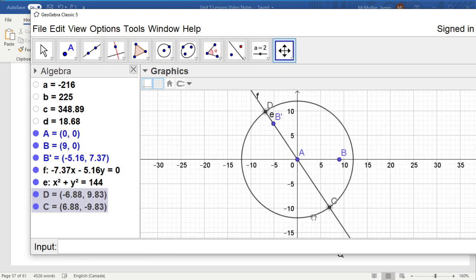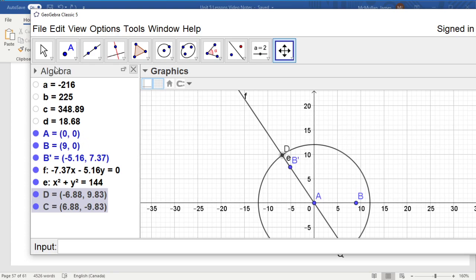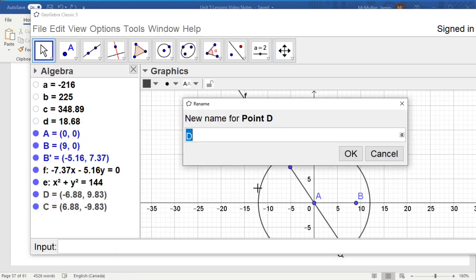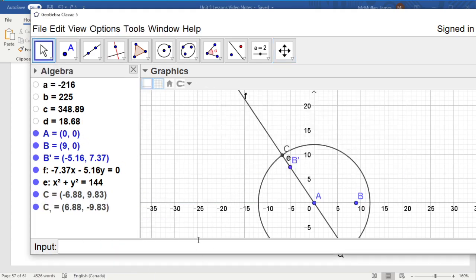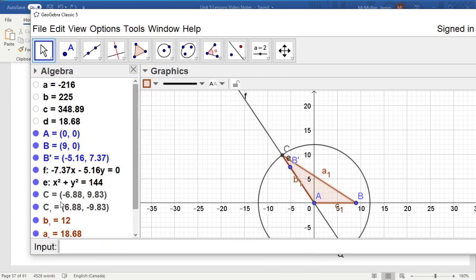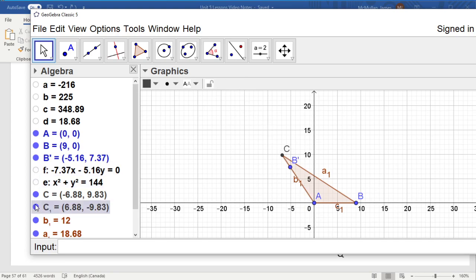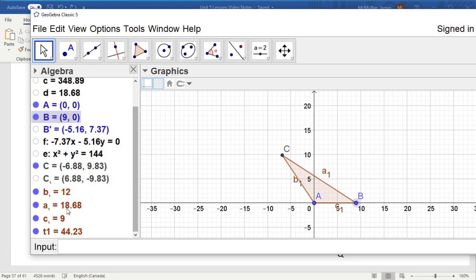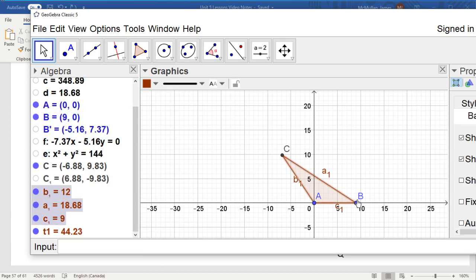Oh, I see, there's a second intersection down there. That's why. Okay, so rename point D to point C, and we'll go polygon A, B, C. Now we'll remove all of our extra work. Name and value.